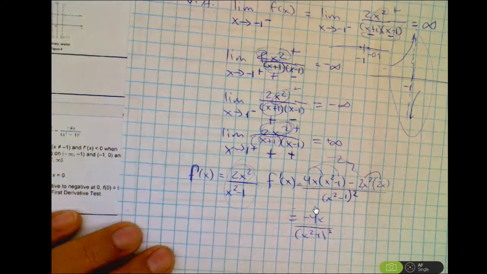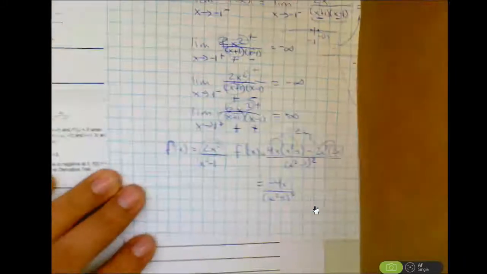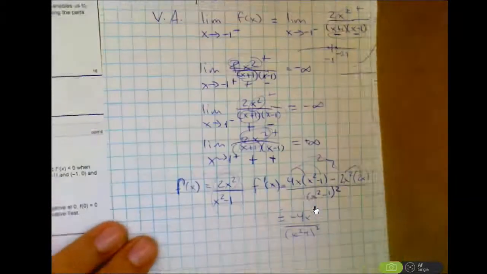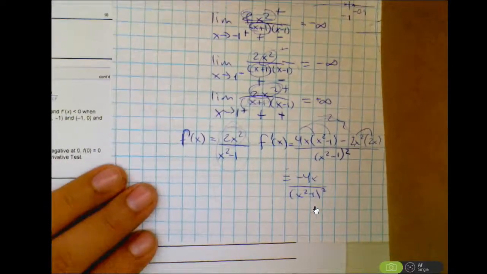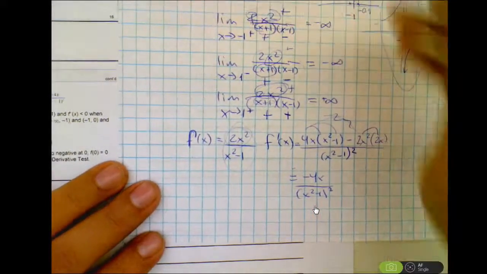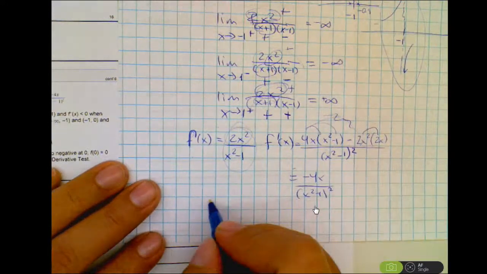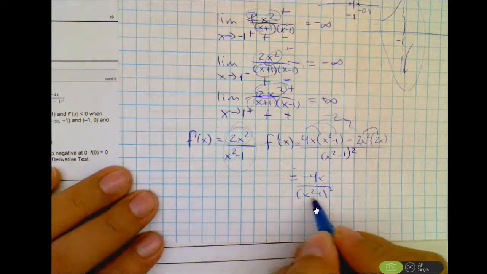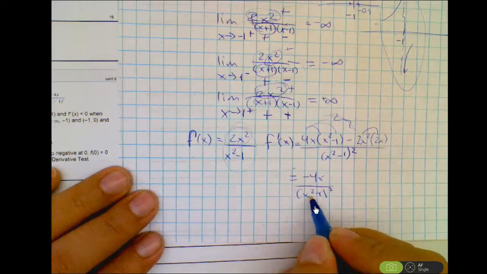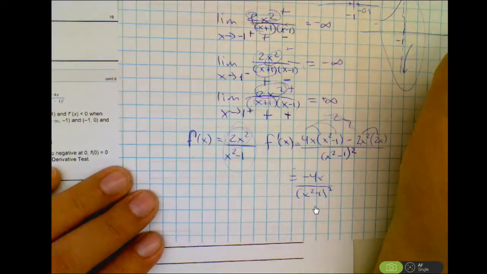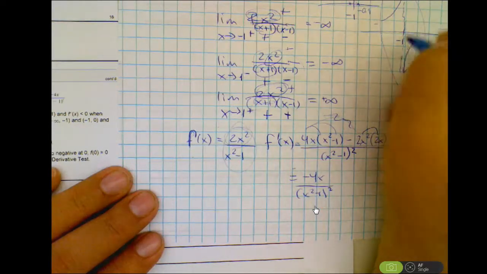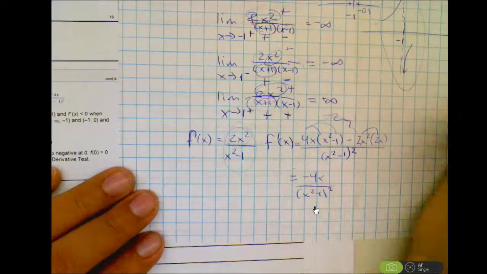So now you want to know when f prime of x is 0 or undefined. It's not going to be defined at 1 or negative 1, but that's because it has asymptotes, not because the function has a minimum or a maximum there.